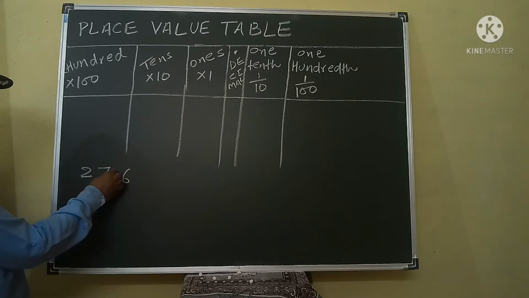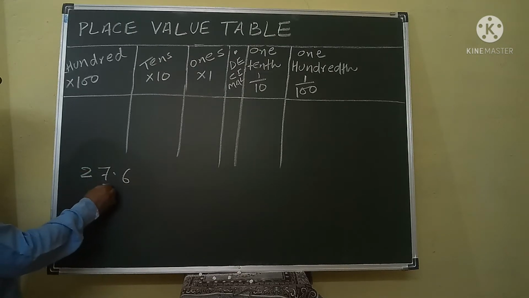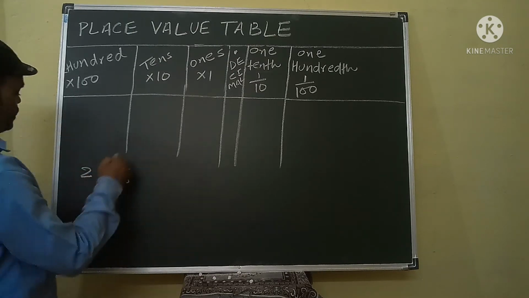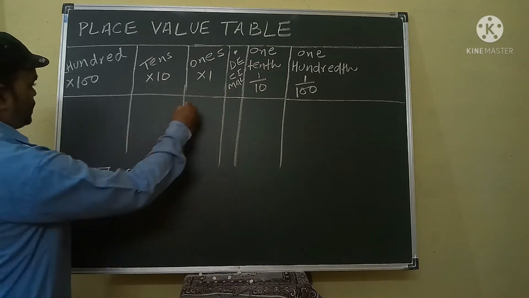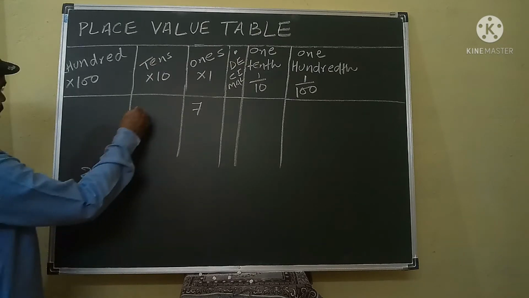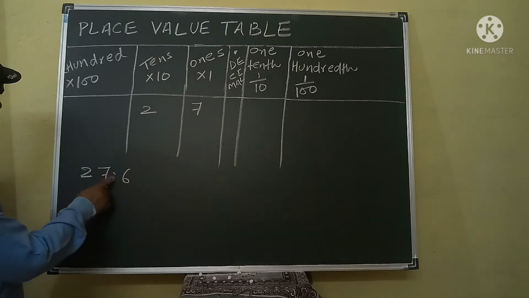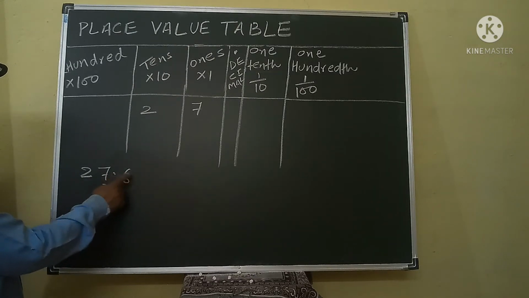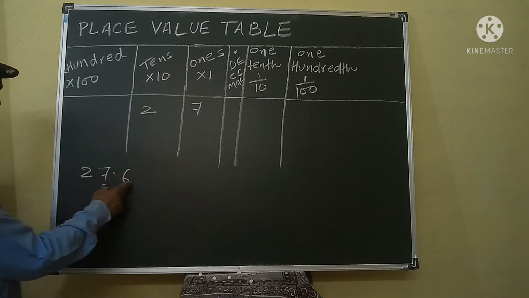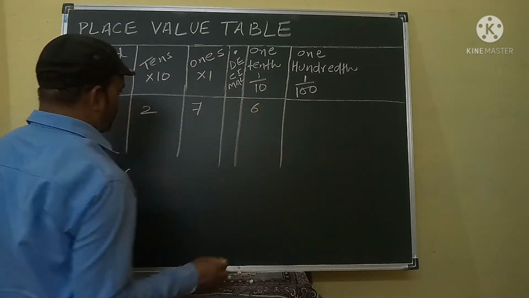Now in this number, left side of the decimal, 7 is in the ones place value, 2 is in the tens place value. Okay. Then after the decimal point, that means right side of the decimal point, this is 6.